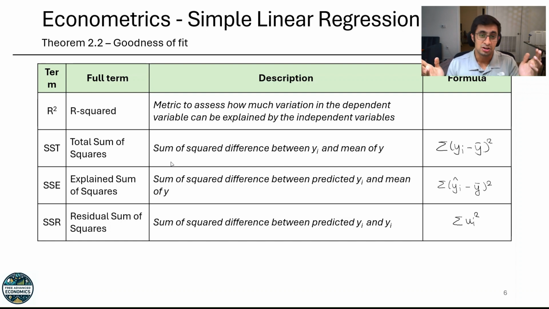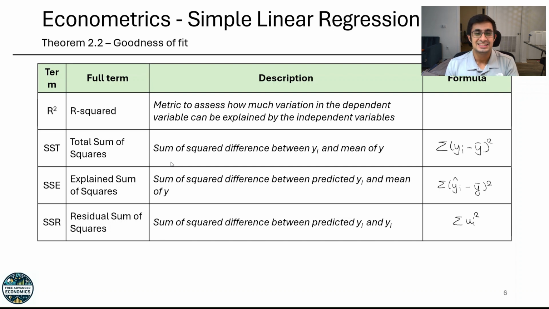So, better learn it until you create your own term. First, let's talk about SST, the total sum of squares. In simple words, it is the sum of squares of the difference between the dependent value and the mean of the dependent value.